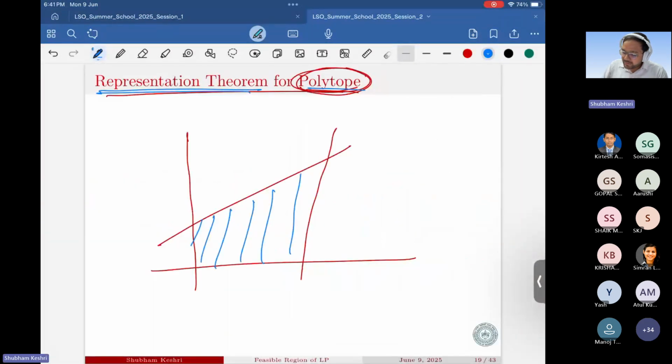Now what this representation theorem says is: take any point in the feasible region, no matter whether it is inside the feasible region, on a constraint, or at a corner point. Suppose X is that point. You can represent X in terms of the corner points. This is Y1, this is Y2, this is Y3, this is Y4.